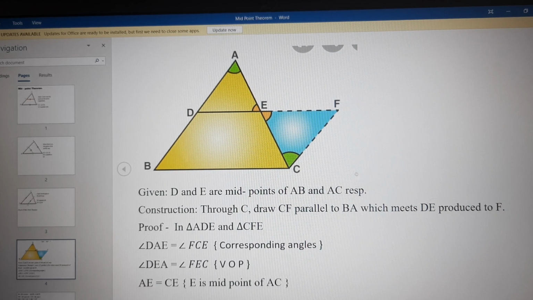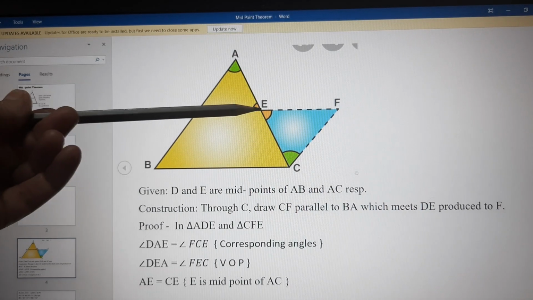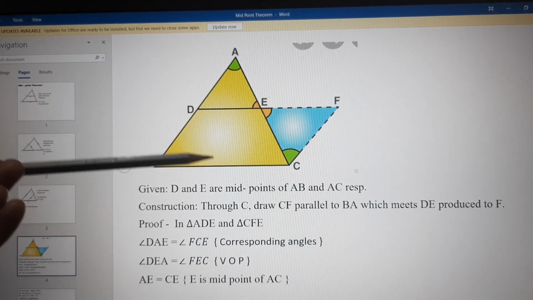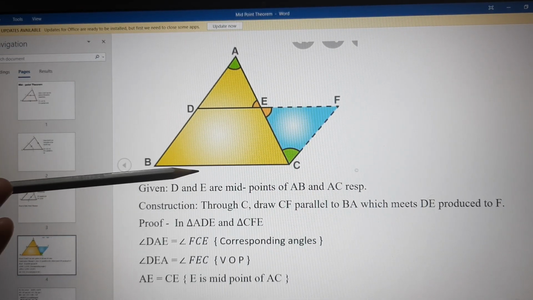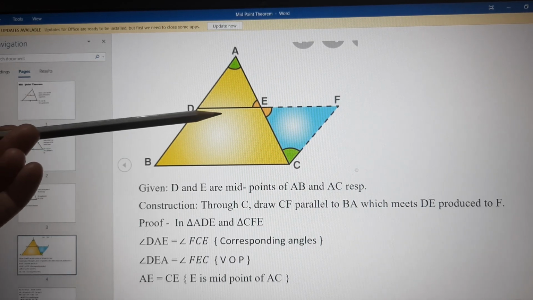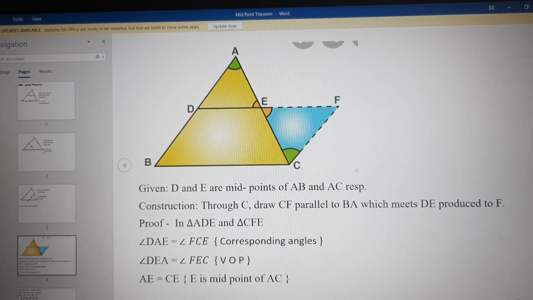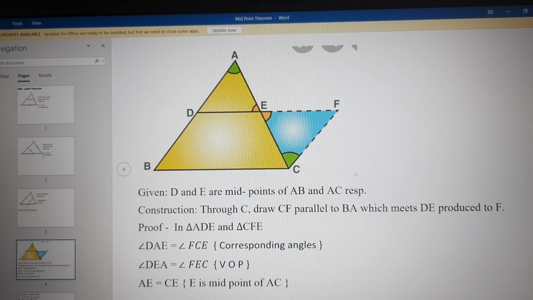Clear? By the midpoint theorem, DE is equal to half of BC and DE is parallel to BC, because opposite to DE, the base is BC. These two things we have to prove.